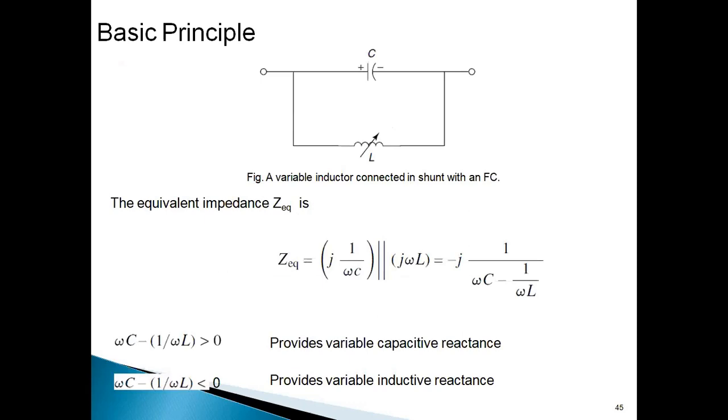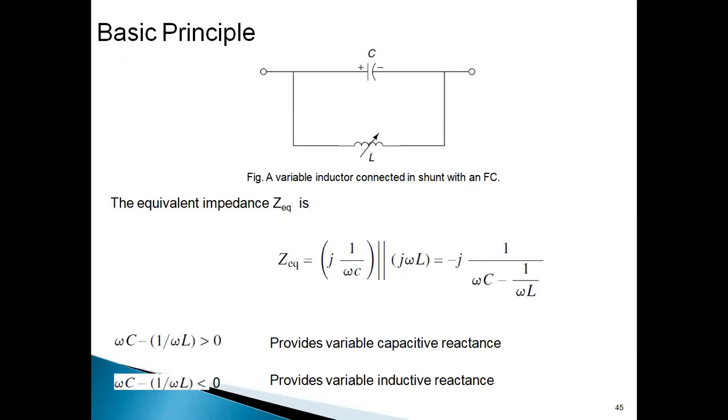Now let us come to this point. In the basic model, I told that this TCSC has two components, a capacitor and an inductor. So I can consider it as a parallel combination of LC, which is nothing but an LC filter. Let me simplify and find the equivalent impedance.